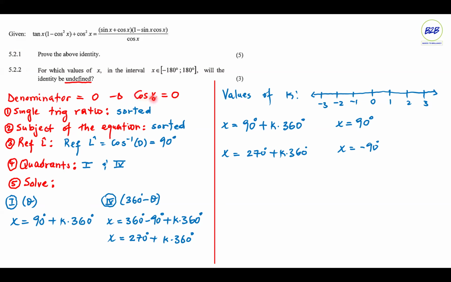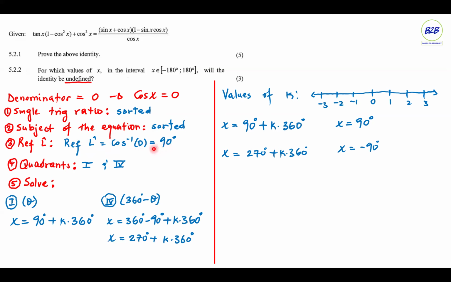So cos x equal to 0 already contains a single trigonometric ratio. So that is sorted. And then we move to our second step, subject of the equation. Can we make this trigonometric ratio, cos x, the subject of the equation? It is already the subject of the equation. So that is sorted as well. And then the third step, we must determine the reference angle. We take the inverse of cos, substitute 0, and that is equal to 90 degrees.